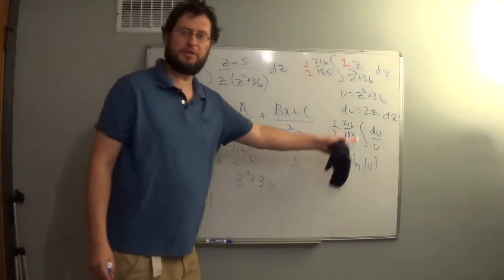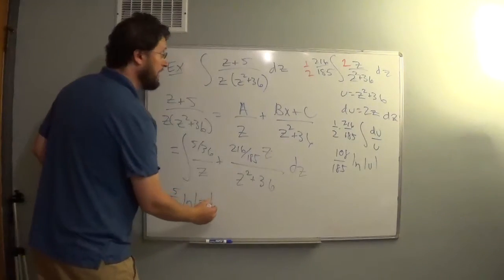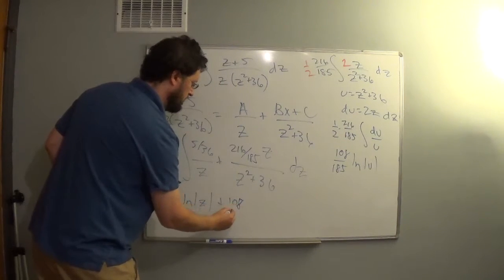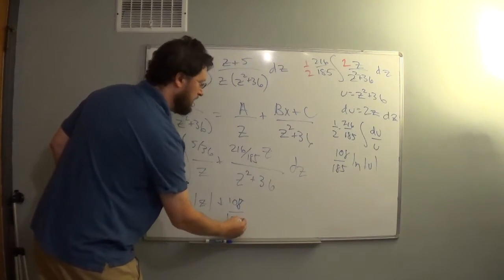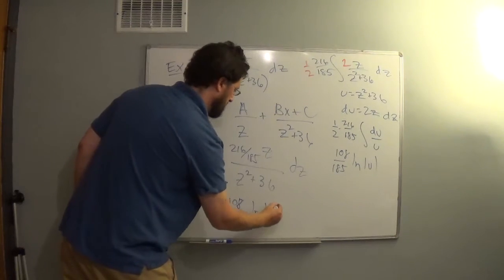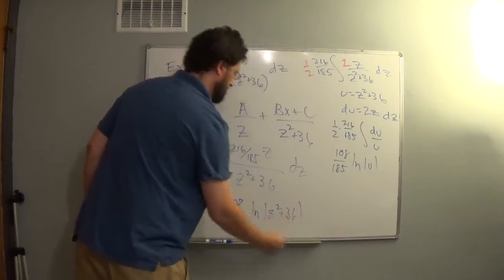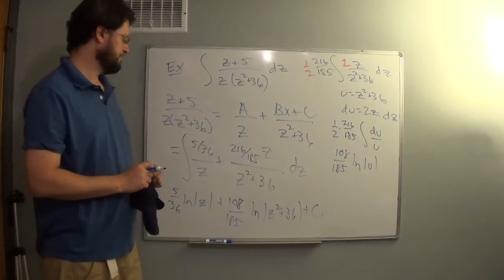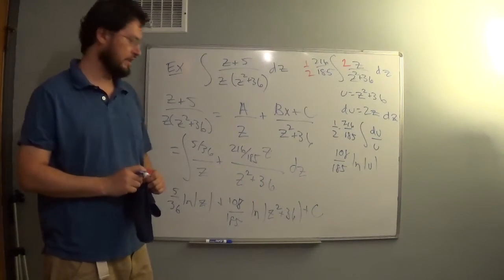But u is z squared plus 36, so that makes plus 108 over 185 times ln absolute value of z squared plus 36 plus C. And that's the answer.